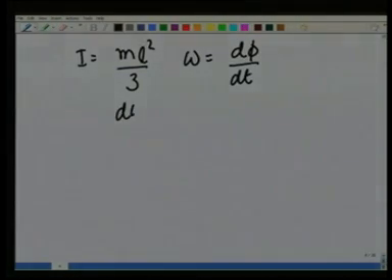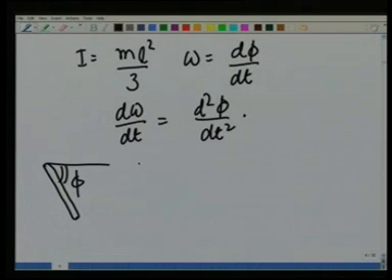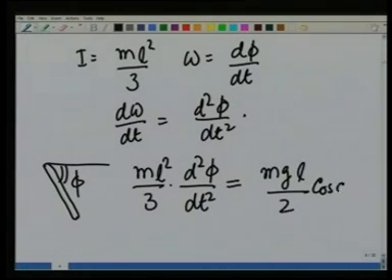d omega over dt is d2 phi over dt square, and therefore, the equation when the rod is at an angle phi from the horizontal is going to be m L square over 3 d2 phi over dt square, which is I alpha, or I times the angular acceleration, is equal to m g L over 2 cosine of phi.